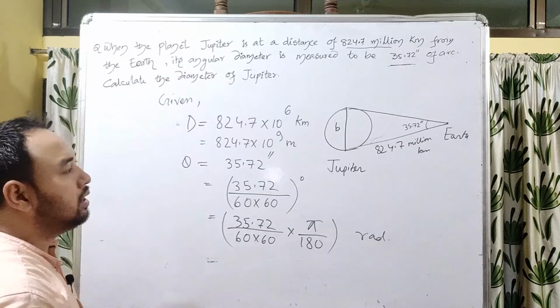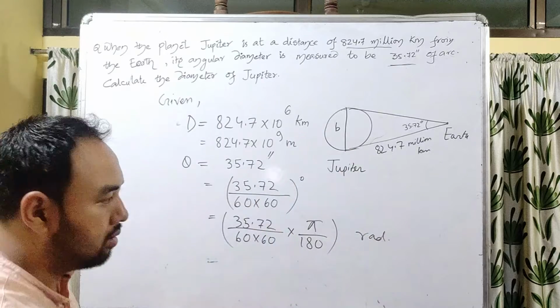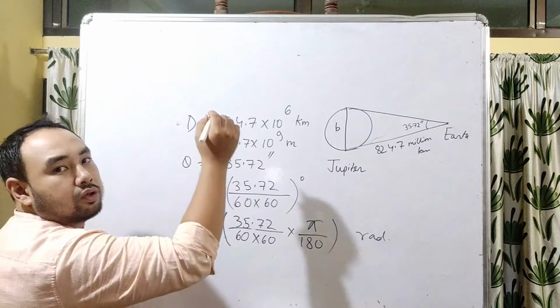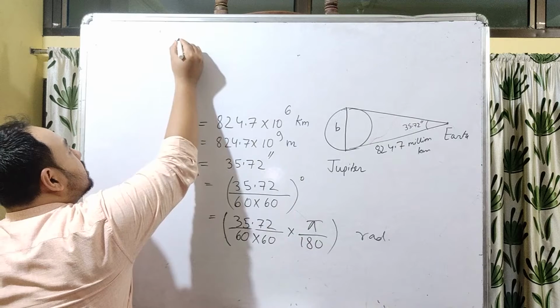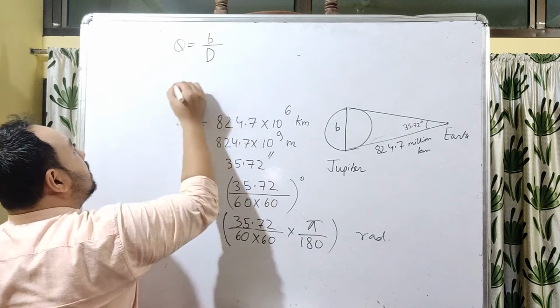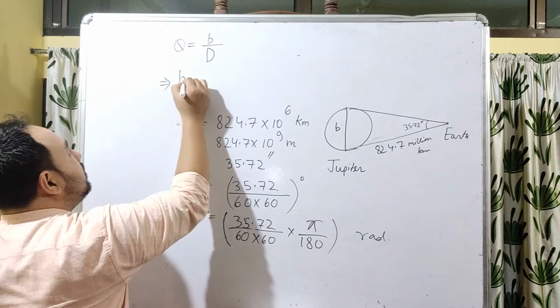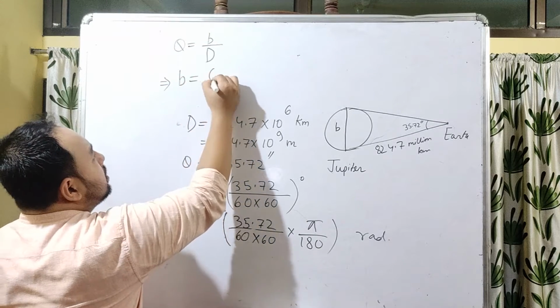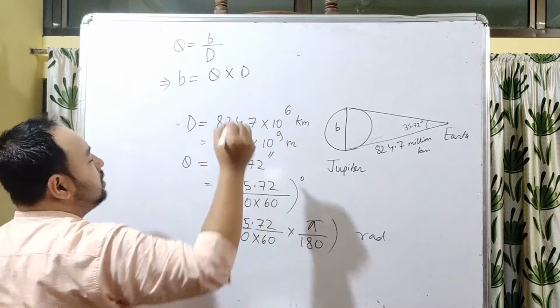Now we will calculate the basis. So from the theory of parallax, we know that theta is equal to b by d. So from here we can get b is equal to theta into d.